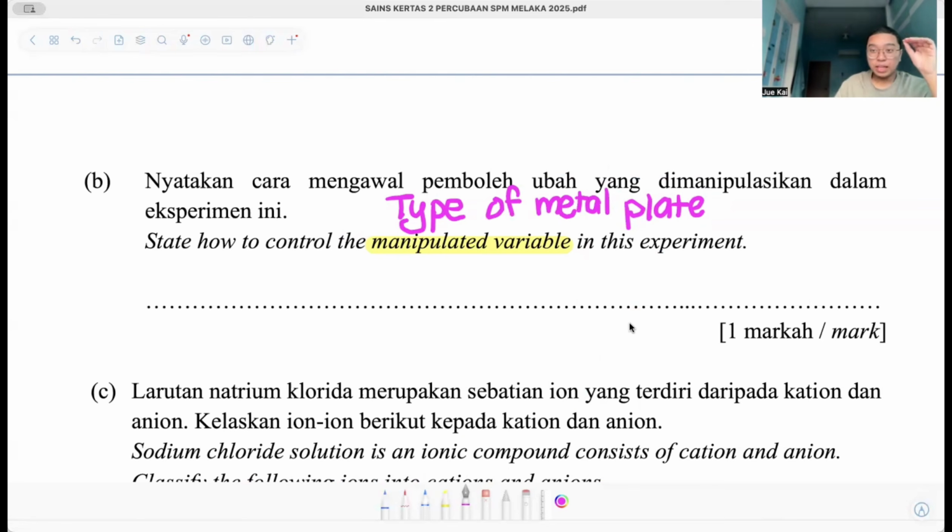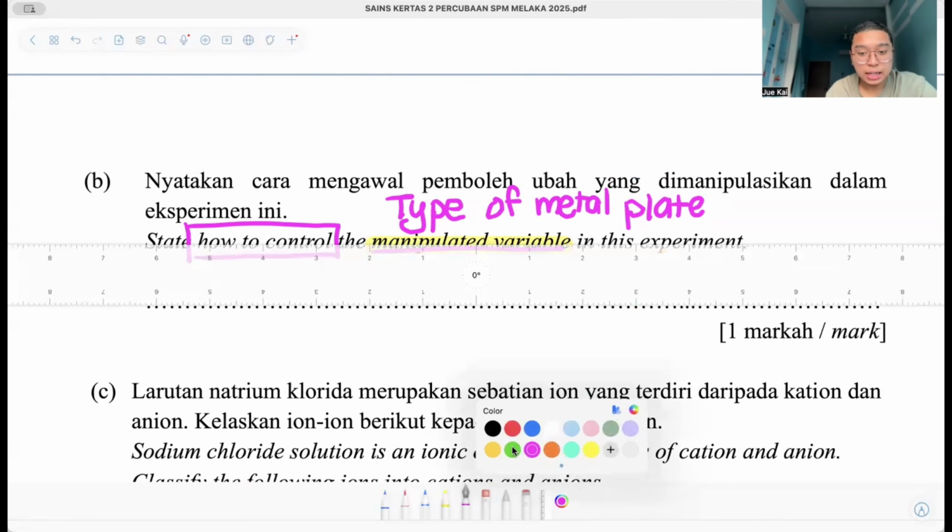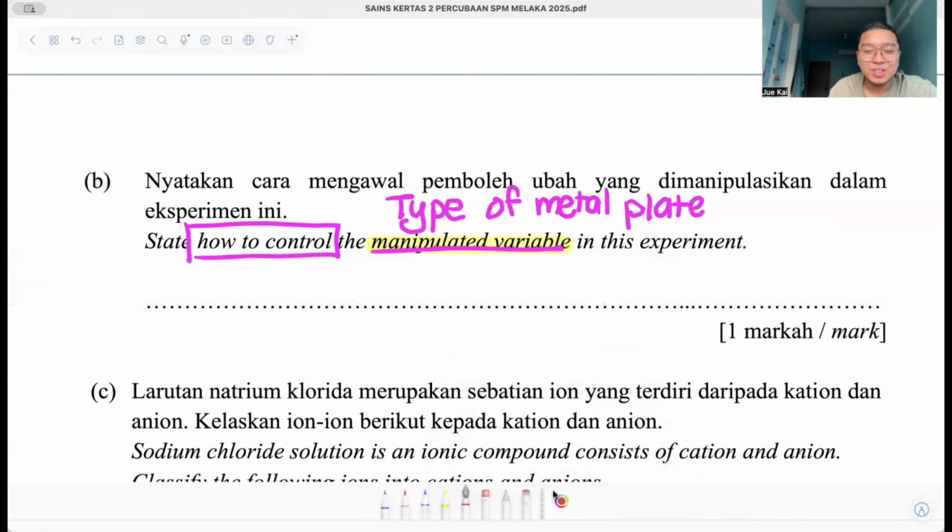So, if the question asks for how to control for the manipulated variable, you need to mention a word called, I use another color. I use red color. Don't want, I use blue, purple, okay, purple. Uh, don't want, use red. I use red.